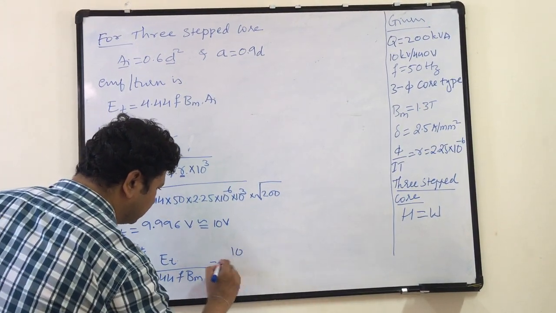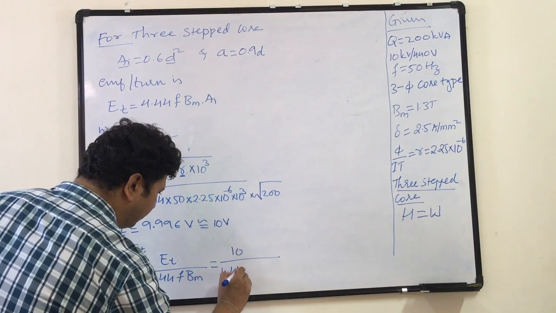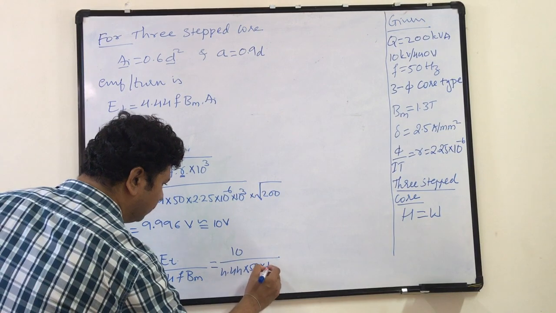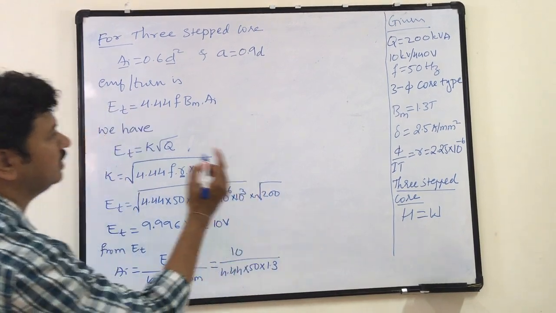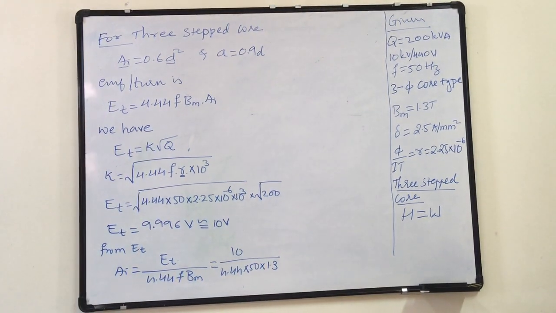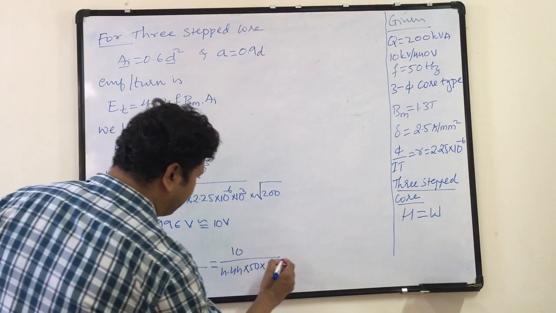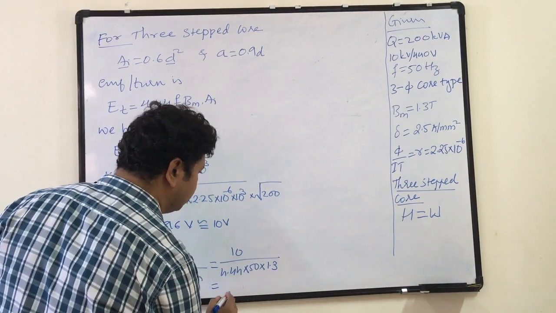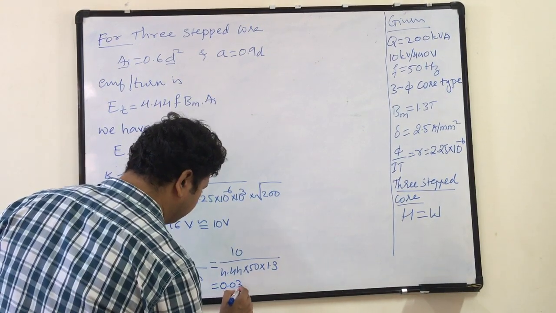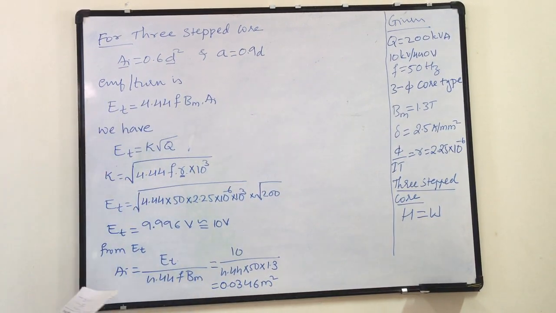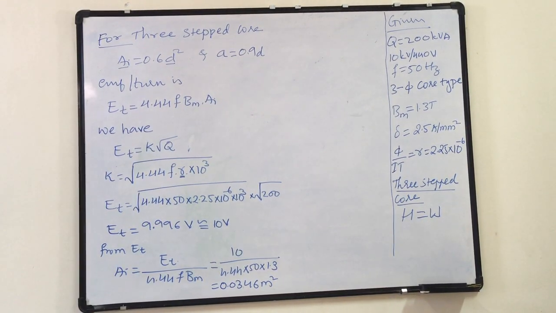ET is 10 divided by 4.44 into 50 into 1.3. It will be 0.0346 meter square.